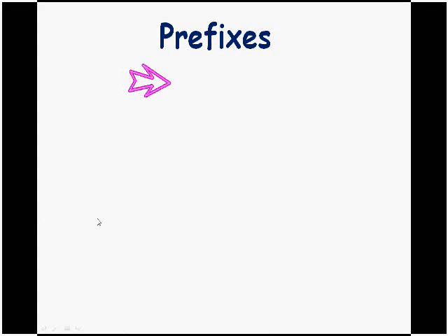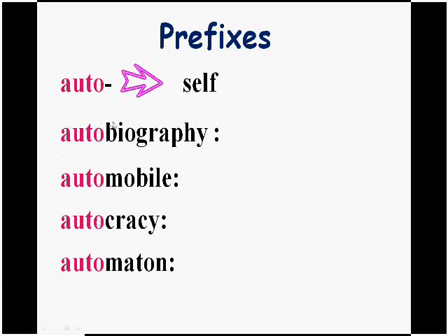First, we're going to look at prefixes. I hope that you still remember the lesson on vocabulary which we did in the first term when we talked about prefixes. Today we're going to look at more prefixes. The first prefix we're going to look at is auto, and auto means self.